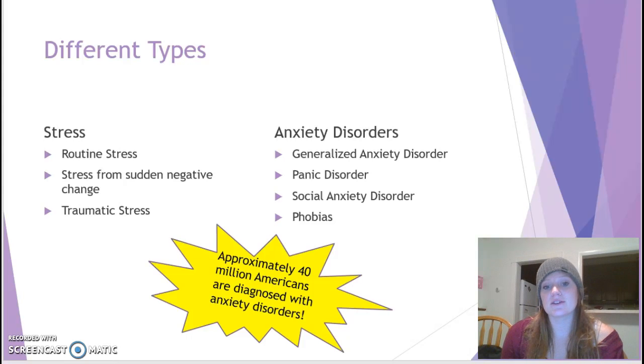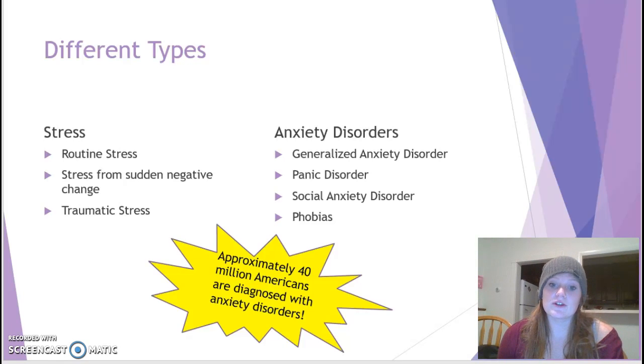Then with anxiety disorders, to start, we have generalized anxiety disorder, which is just chronic worry. Then we have panic disorder, which is characterized by the sudden feeling of terror and panic attacks.